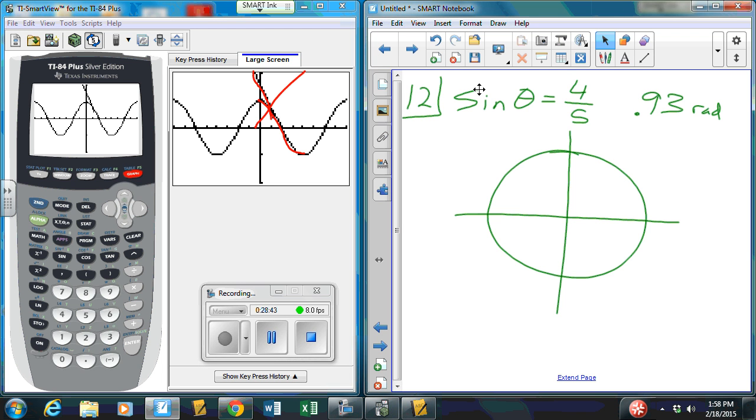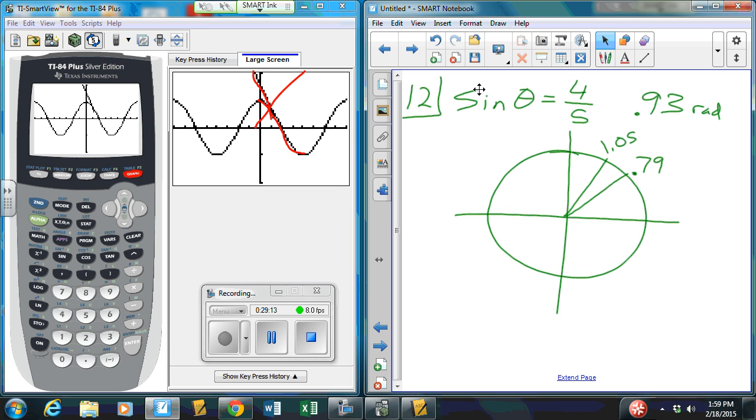Now, I want you to think about where 0.93 radians is. So, take pi divided by 4 in your calculator. Tell me what you get. 0.79? So 0.93 is more than that. Let's go to pi thirds. Take pi divided by 3. What is that one? 1.05.